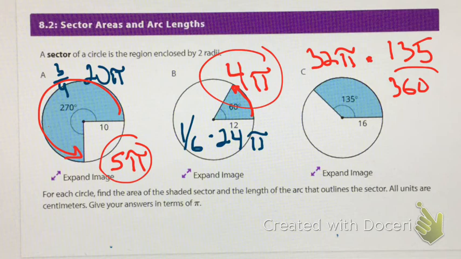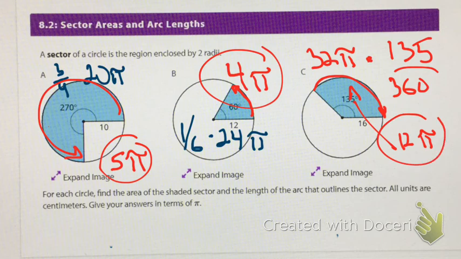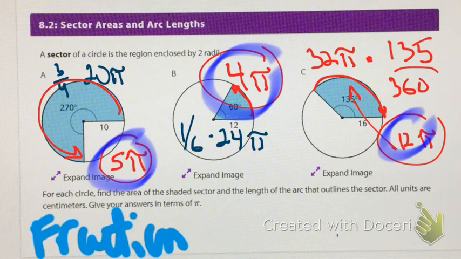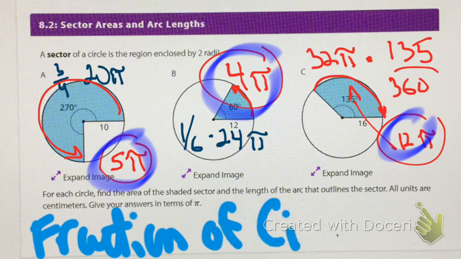Not that exciting when you're all done, is it? Didn't think so. So that arc length right there is going to be 12 pi. All right, so arc length is a fraction of the circumference.